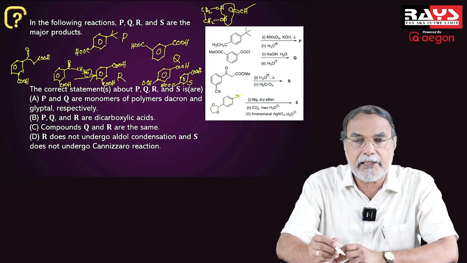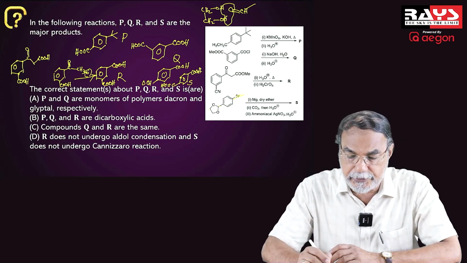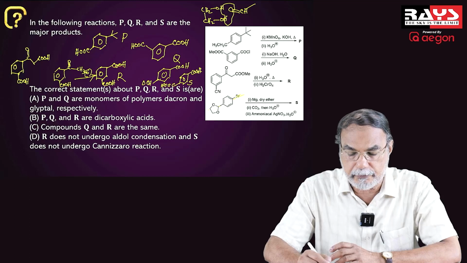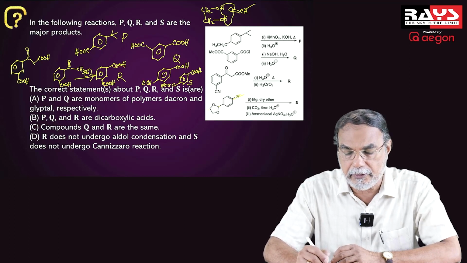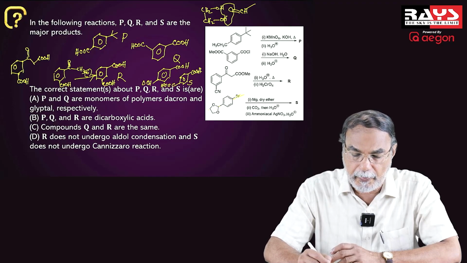So that is the compound S formed. The compound S is the compound with the COOH groups at the para positions. So it is actually benzene 1,4-dicarboxylic acid, or what is called terephthalic acid.